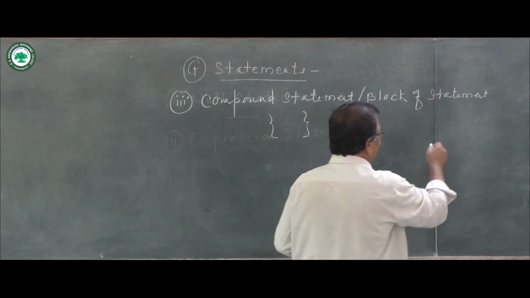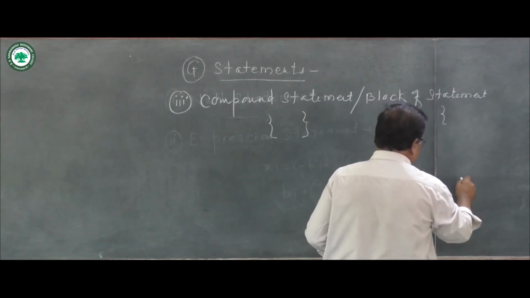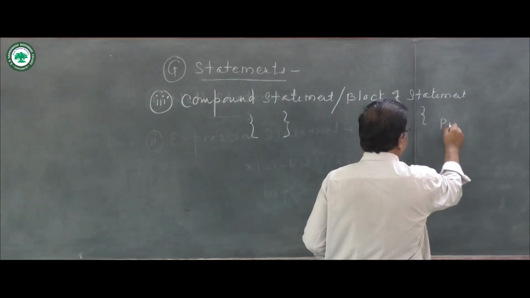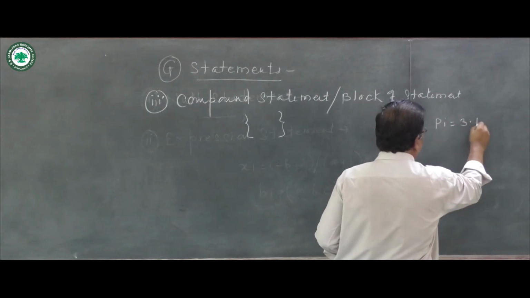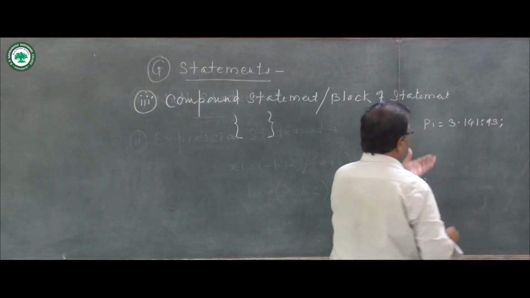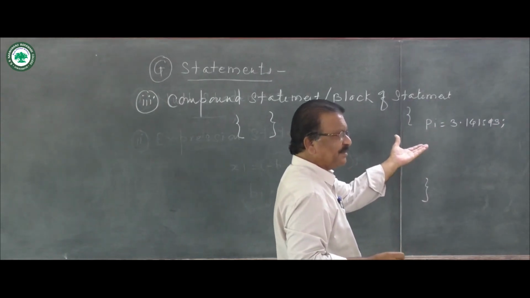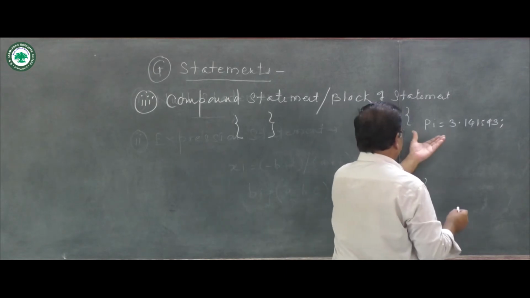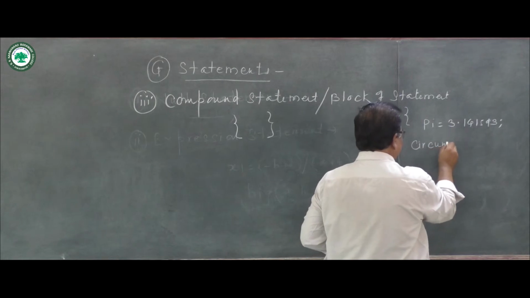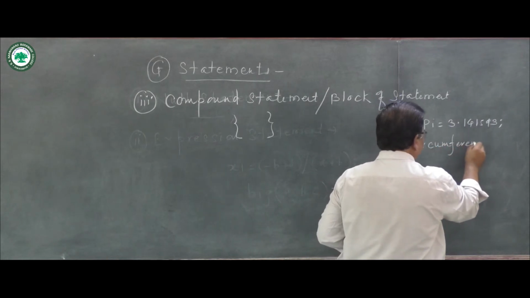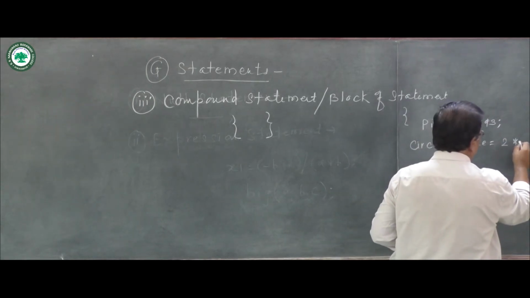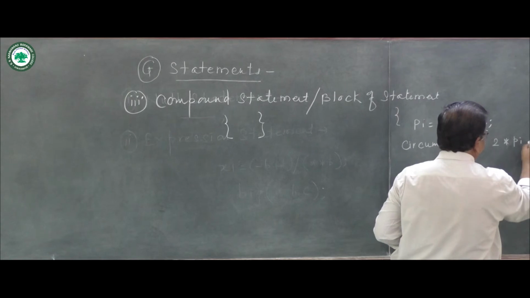Here I am writing a compound statement which will be written within a pair of braces. Here I am writing pi equal to 3.141593, semicolon. So this is an expression statement, precisely an assignment statement. If I know radius, then I can calculate circumference, given by 2 pi r, 2 times pi times radius.